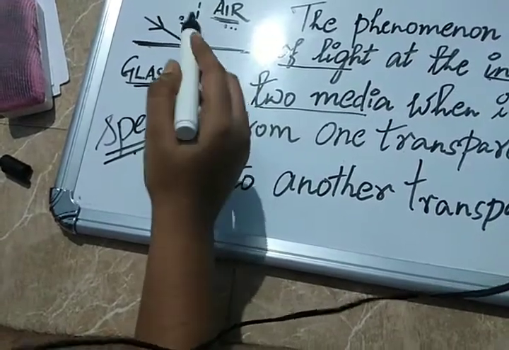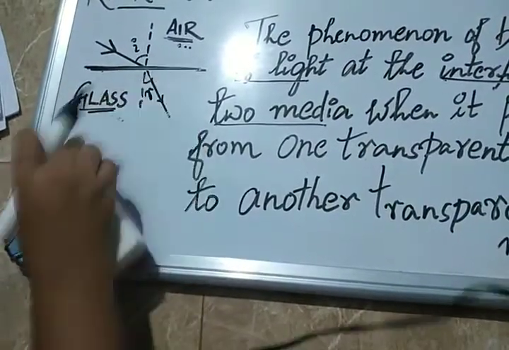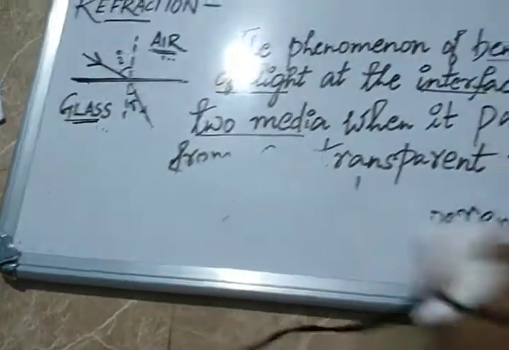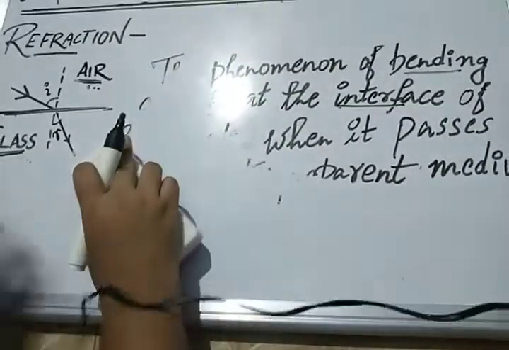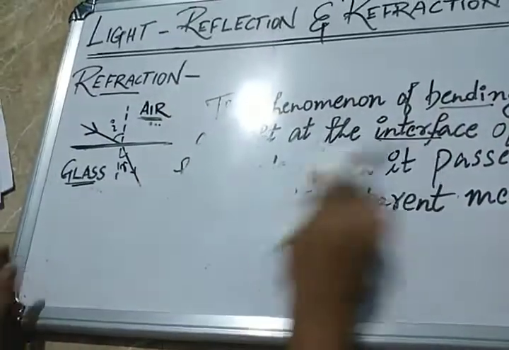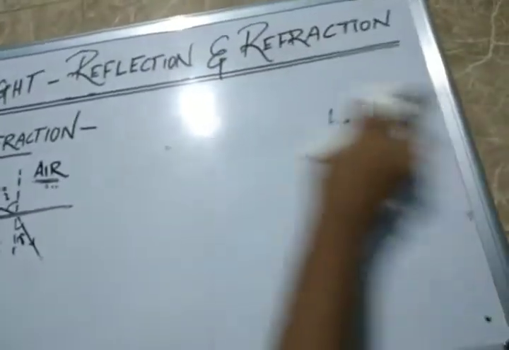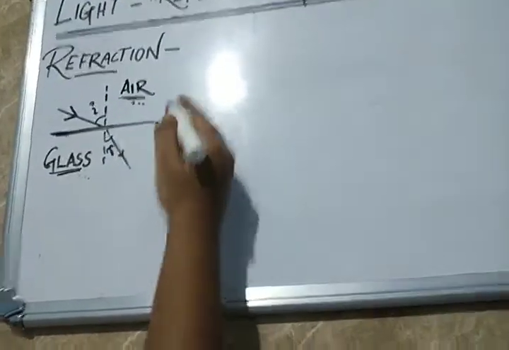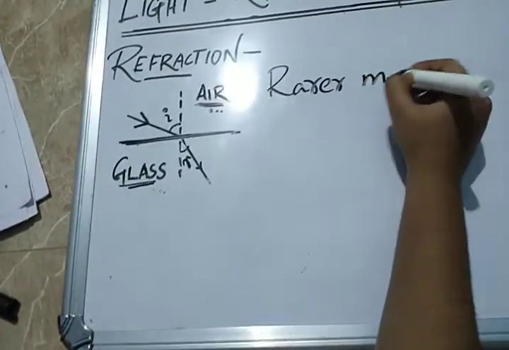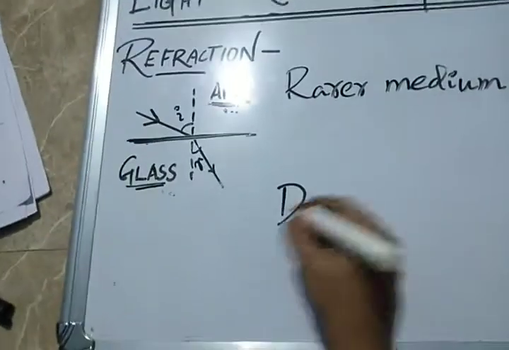Now, let me tell you what is a rarer medium and what is a denser medium. A medium means anything through which light can travel.